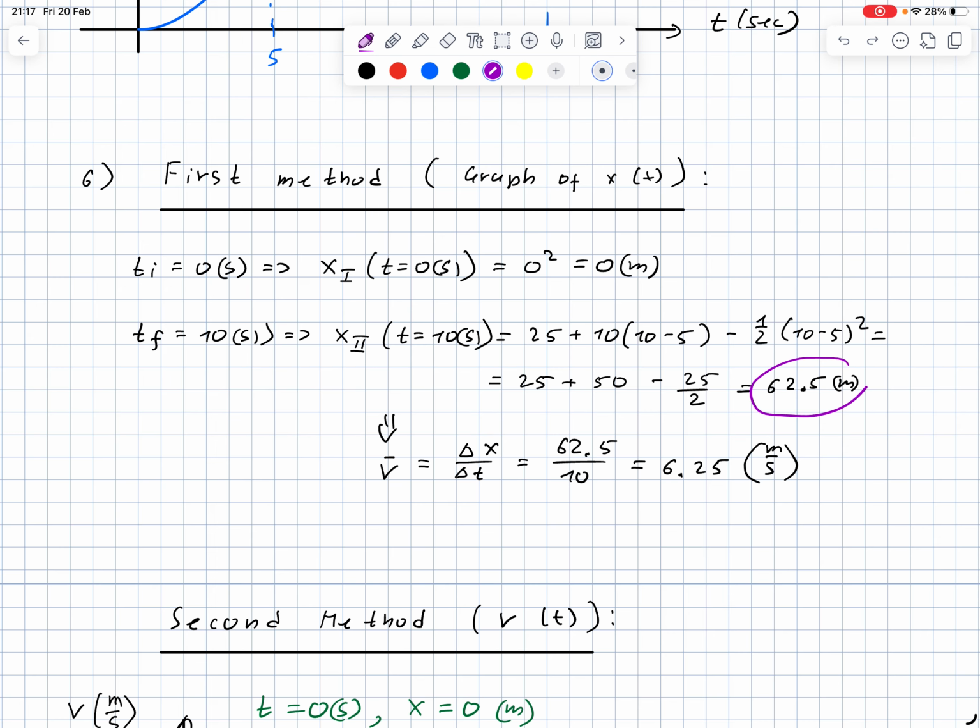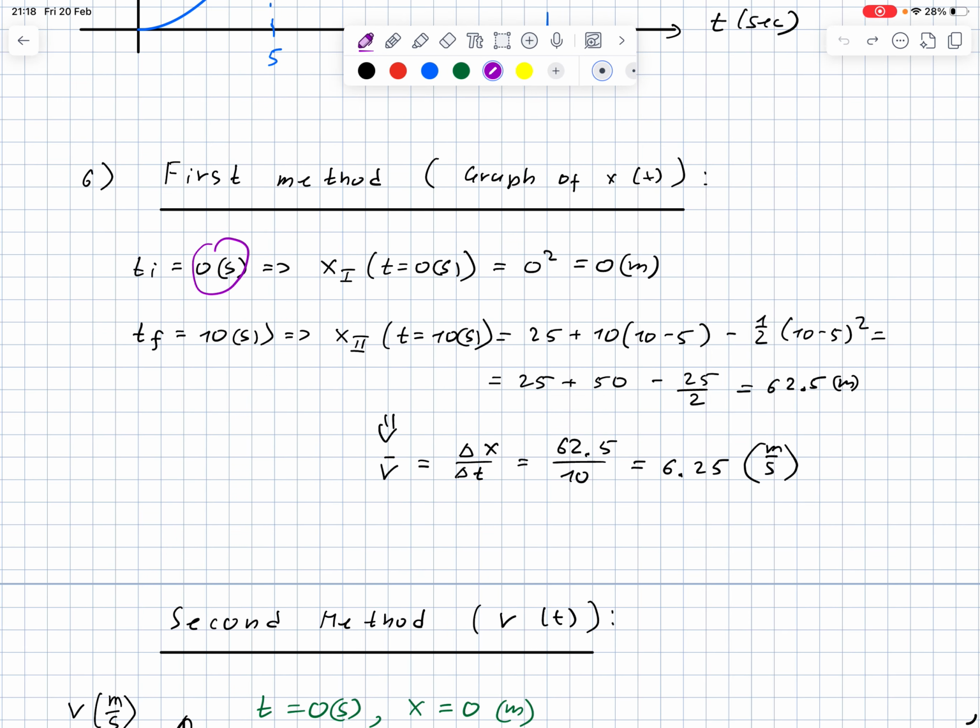Final position, 62.5 meters minus 0, remains 62.5, divided by the final time 10 minus 0, remains 10 seconds. If you divide 62.5 by 10, the solution is 6.25 meters per second, and this is our average velocity between the initial time of 0 seconds and 10 seconds.